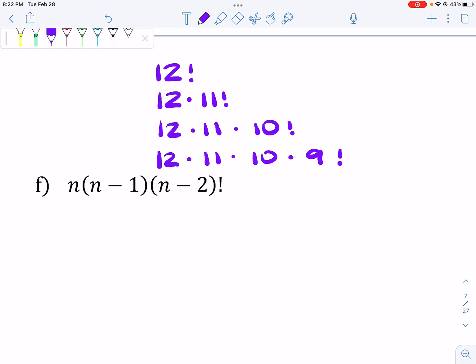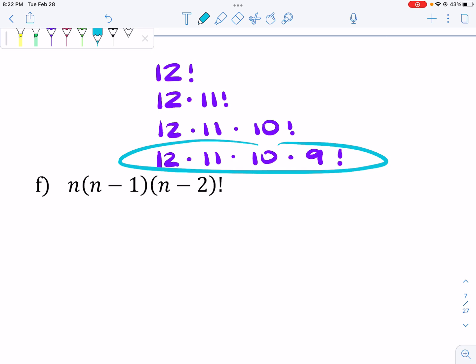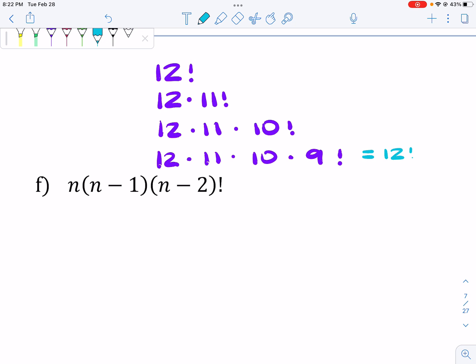But this also goes the other way. If we started with this, we can say, wait, that's just 12 factorial. Or if we start with this, we could say, oh wait, that's just 12 factorial. Because even though I have that 10 factorial, I have all of the numbers above it that lead to 12, all those natural numbers. Same thing with this. This is also 12 factorial.